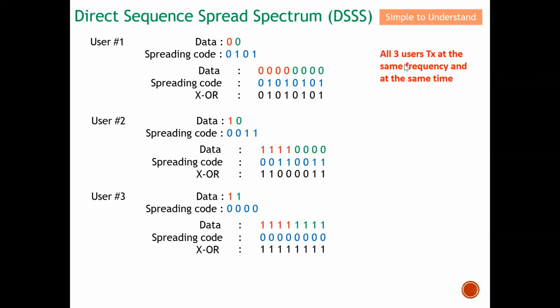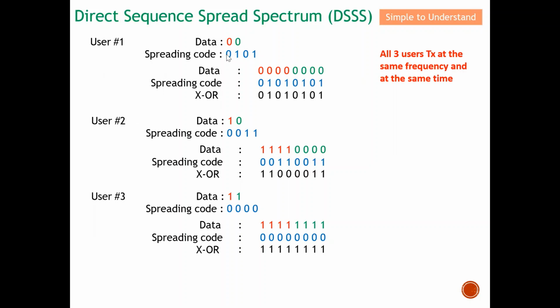I'm going to show you how we can recover the individual user data, without knowing how many users are transmitting and what the rest of the users' data are. How can I recover user 1 data, also user 2, and also user 3?